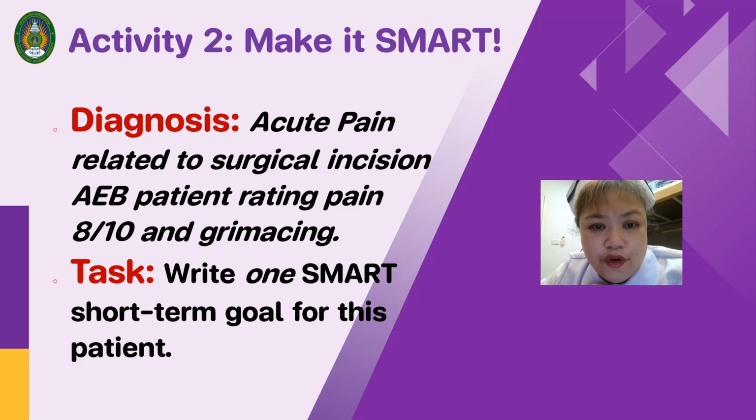An example would be: patient will report pain level of 3 out of 10 or less within 1 hour after receiving pain medication. Is it specific? Yes. Measurable? Yes, 3 out of 10. Achievable? Yes. Relevant? Yes. Time-bound? Yes, it's 1 hour.